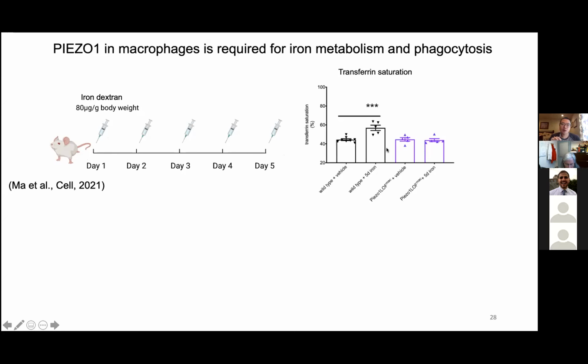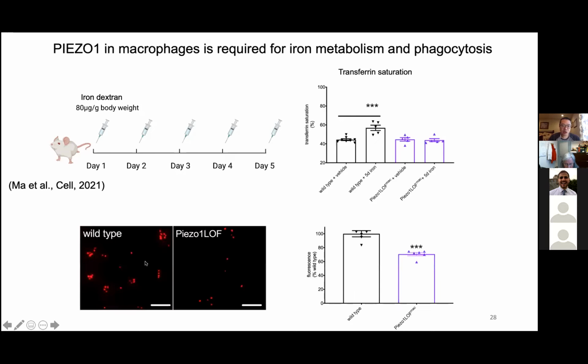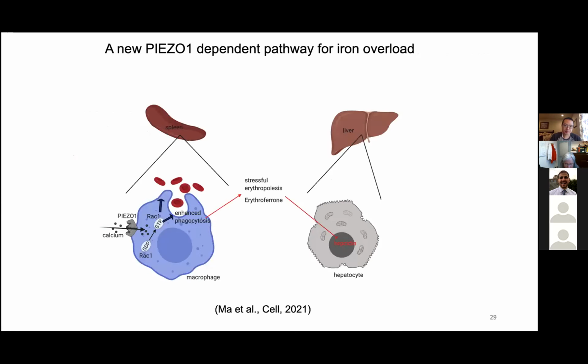But when we delete PIEZO1 specifically from the macrophage, this response was completely blunted, suggesting PIEZO1 is required for the acute response to the iron disruption. And consistently in vitro, we showed that macrophages without PIEZO1 protein internalize much fewer red blood cells compared to the wild-type macrophage, suggesting that PIEZO1 is required in macrophages for normal and efficient phagocytosis.